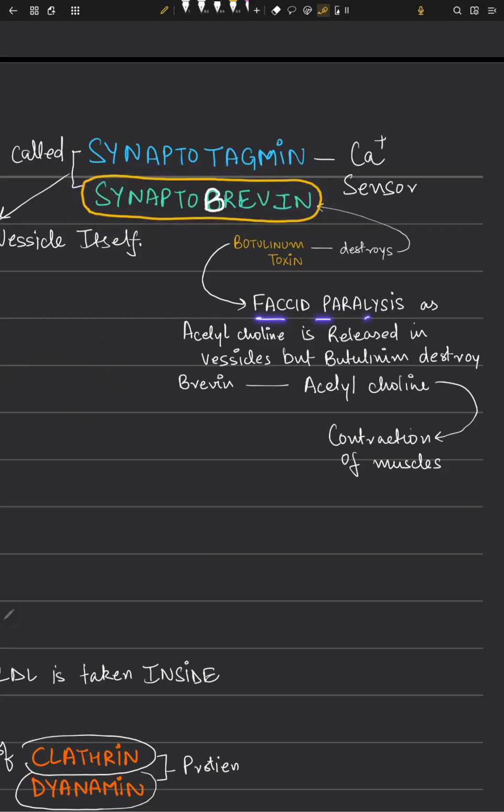So flaccid paralysis, as acetylcholine is released in vesicles, but botulinum destroys the brevin, so no acetylcholine. If no acetylcholine, then no contraction of the muscle, so there is flaccid paralysis, because acetylcholine is responsible for the contraction and relaxation of a muscle. So that's why you don't want botulinum toxin, and that's why Botox works.